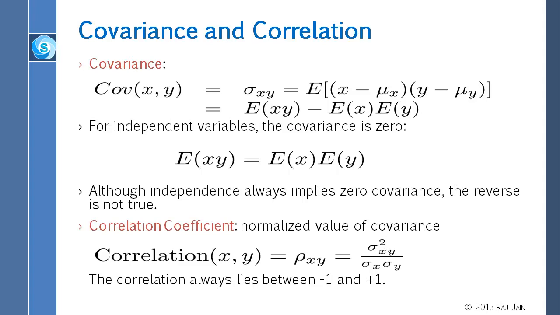If the variables are independent, then the covariance is 0. If the covariance is 0, it does not mean that the variables are independent. The variables could be dependent, but the covariance could still be 0. So this is just one way. Although independence always implies 0 covariance, the reverse is not true. So simply because E[xy] equals E[x] times E[y] does not mean they are independent.